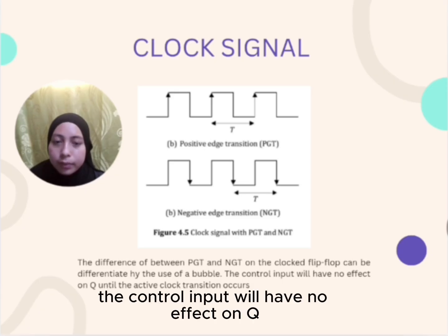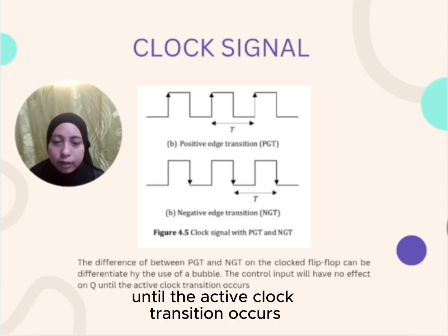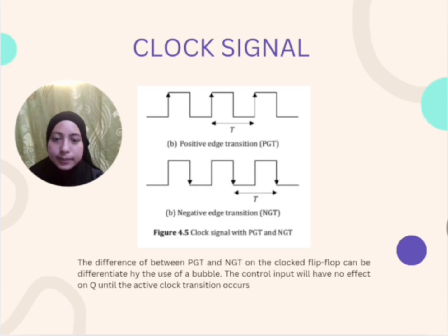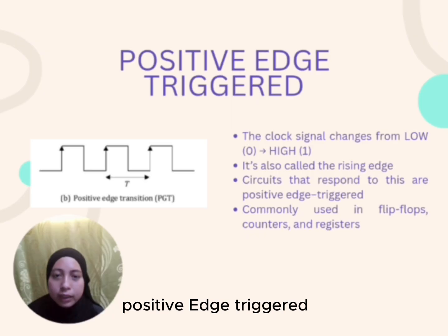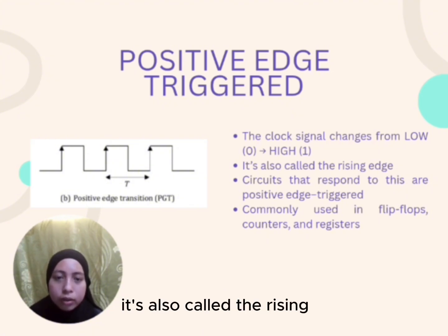The control input will have no effect on Q until the active clock transition occurs. Positive edge triggered means the clock signal changes from low 0 to high 1. It is also called the rising edge.